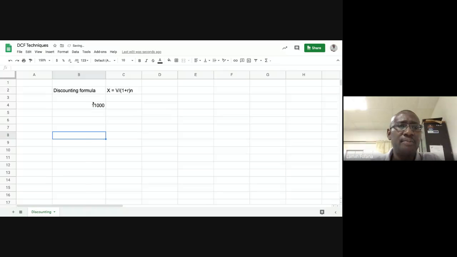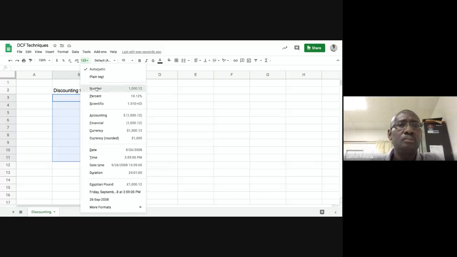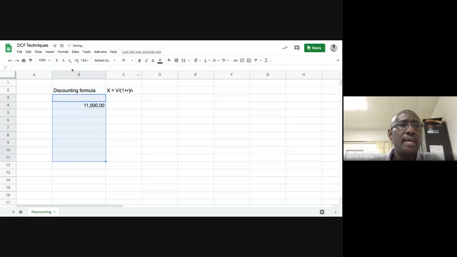I'm going to take that to 2 decimal places, and then I'll only need the 1,000 separator. I'll remove the decimal places. Right.